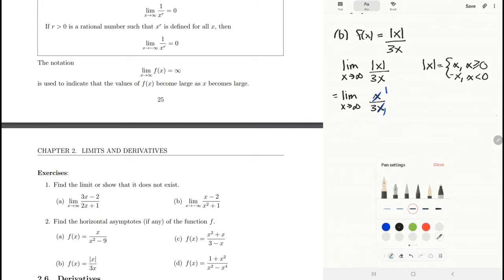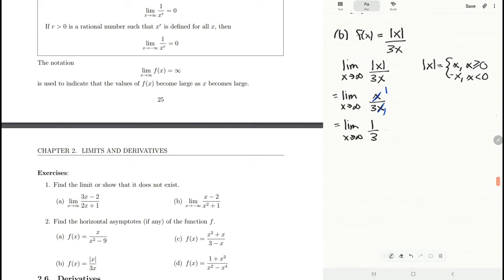And so we end up with the limit as x goes to infinity of 1 over 3. And if we take the limit as x goes to infinity, that gives us 1 over 3. So that tells us that the line y equals 1/3 is a horizontal asymptote.